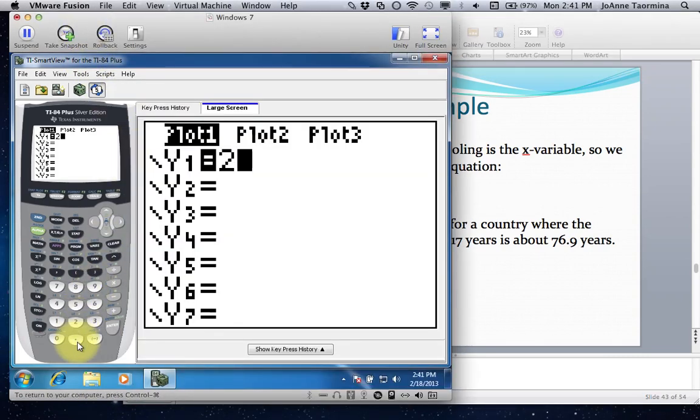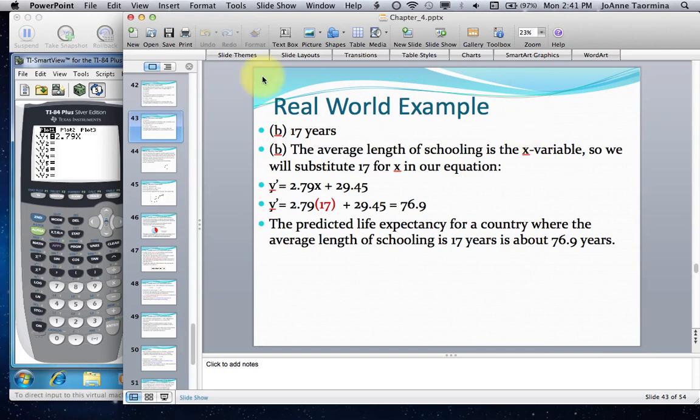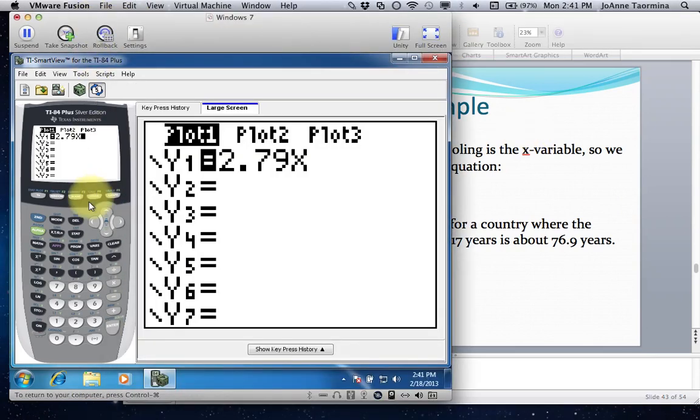So 2.79. The x is right here below the mode key. 2.79x. So here's the x plus 29.45.